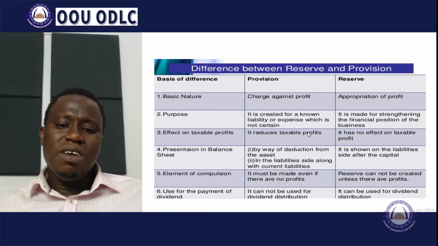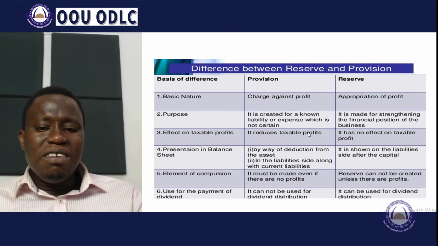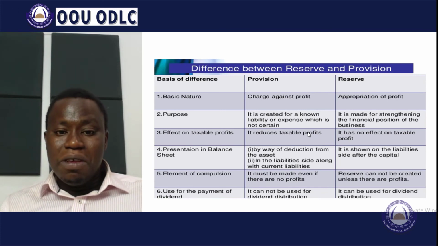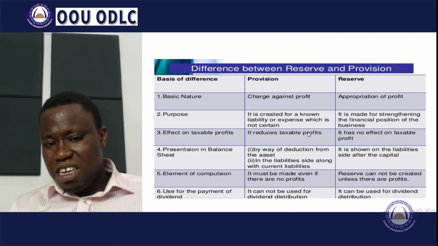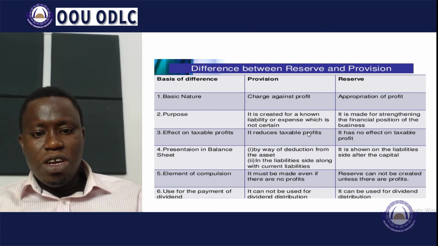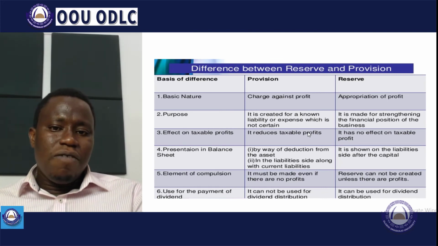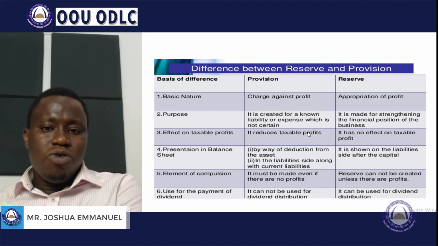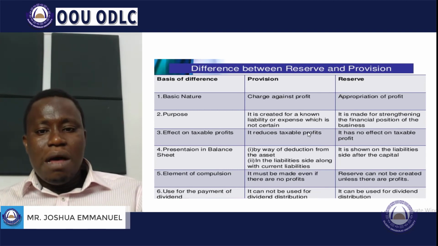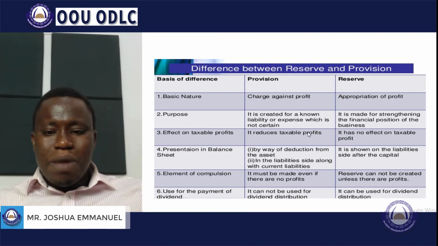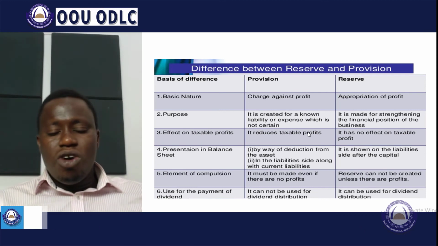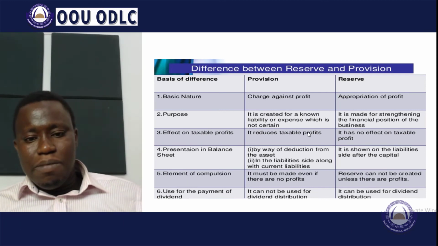Whereas the reserve is shown on the liability side after the capital, that is in the balance sheet or in the statement of financial position. Your provision is usually deducted. For instance, when you have provision for depreciation, you have to deduct it from your assets before you have what we call the carrying amount. Whereas reserve is part of your equity, so it's shown on the side of equity and liability in the statement of financial position.